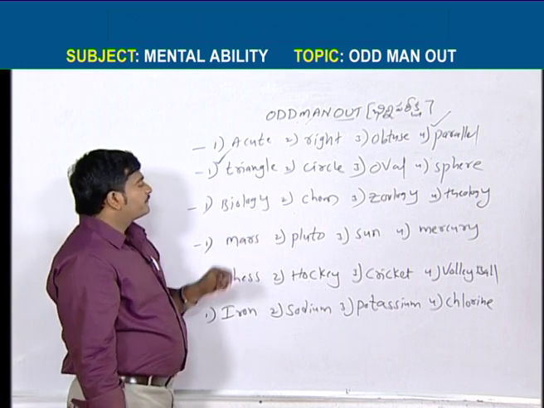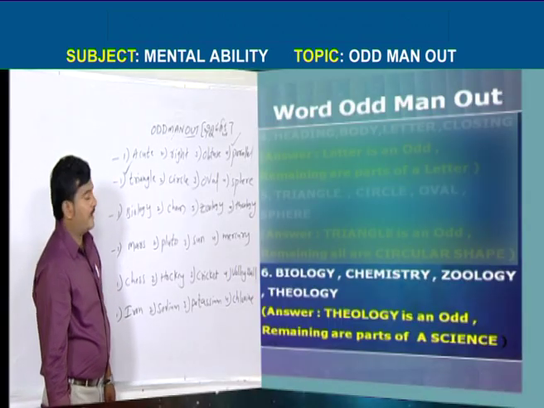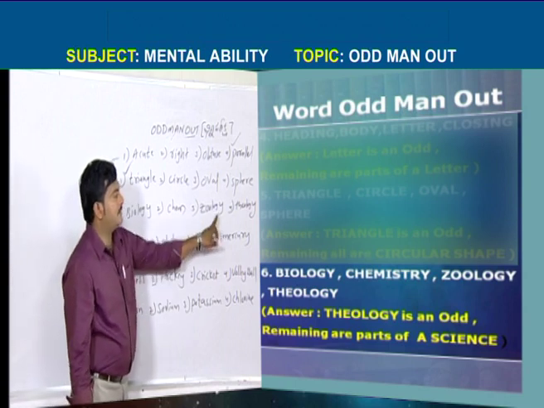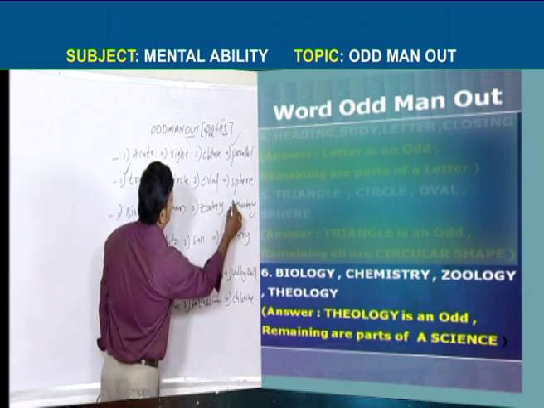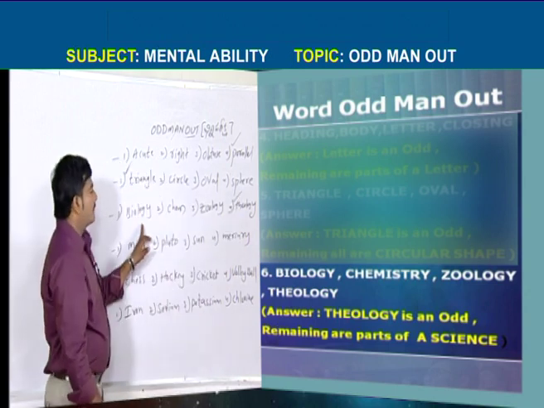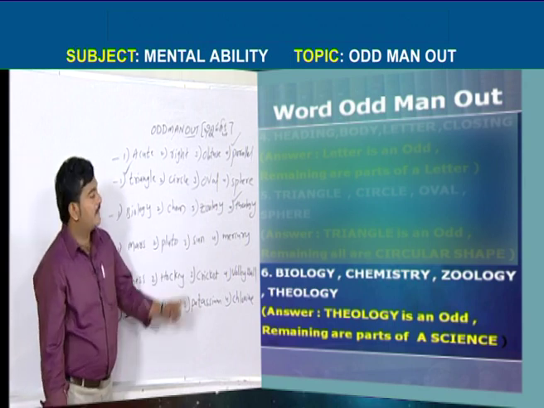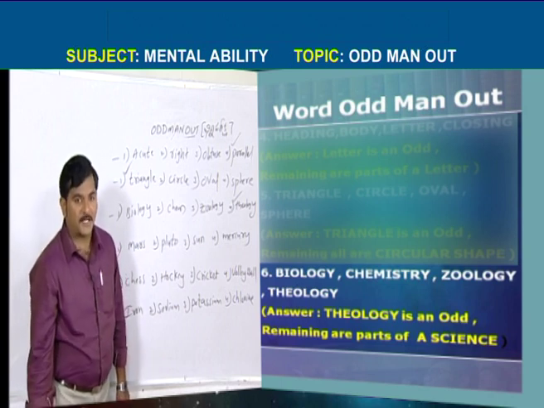Now observe here: biology, chemistry, zoology and theology. I repeat, biology, chemistry, zoology and theology. The answer is obviously the last one, because biology, chemistry, zoology are parts of science, whereas theology is the study of religion.